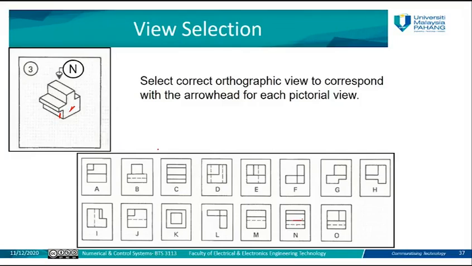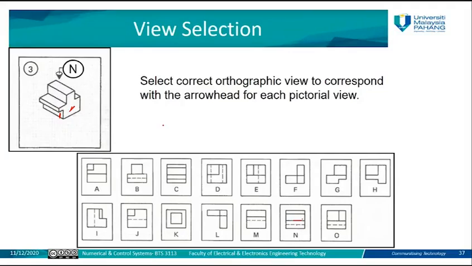This is just how to read the different views for an isometric object, for top view, side view, front view, and so on. So always try to imagine how it looks if you look at this object from the top, from the front, from the right side, and what you can draw.